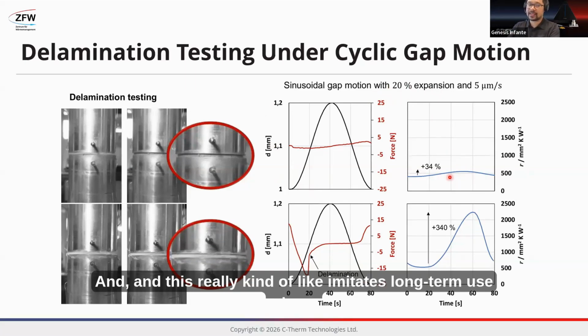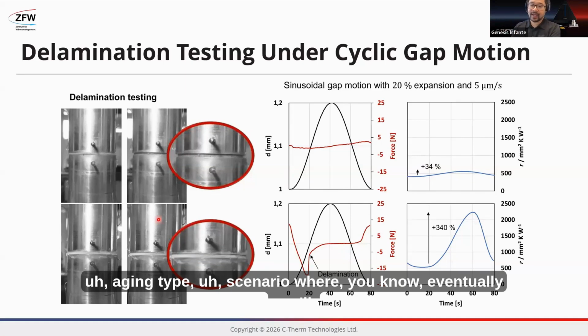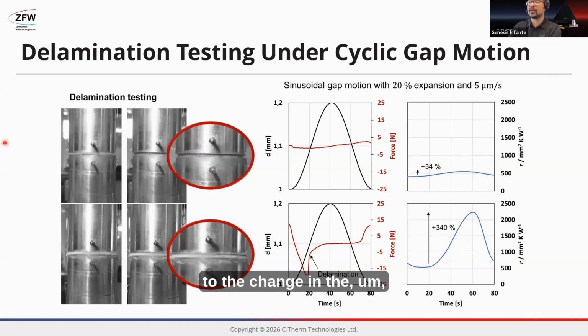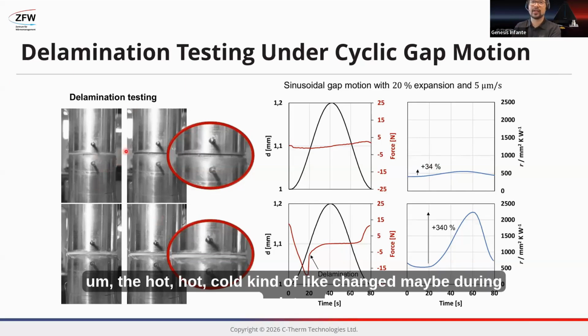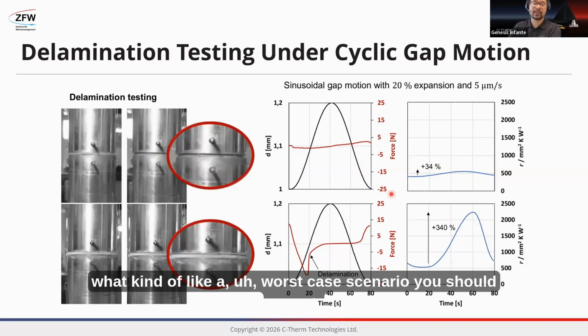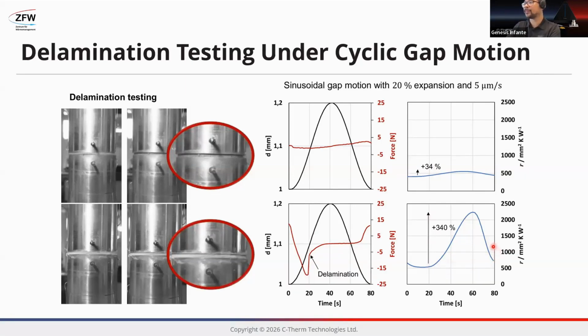And this really imitates long-term use where maybe in your system you have a lot of vibration involved, or you just want to see an aging type scenario where eventually you'll see some physical change in the TIMs due to the hot and cold changes, maybe during winters and then summers. You can see what kind of worst case scenario you should expect. So you can have the delamination effects right there, and you can see the significant change when the delamination is happening.